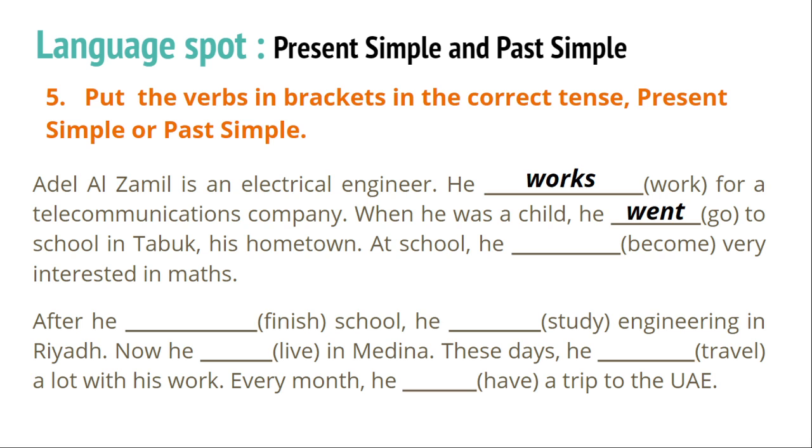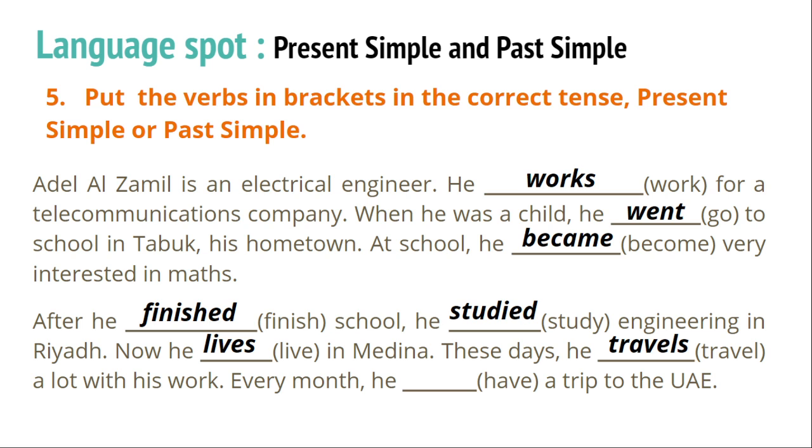At school, he became very interested in maths. After he finished school, he studied engineering in Riyadh. Now, he lives in Medina. These days, he travels a lot with his work. Every month, he has a trip to the UAE.